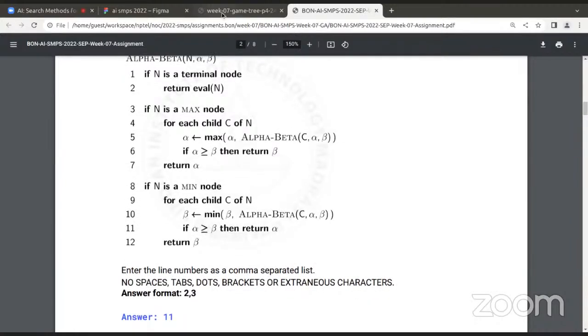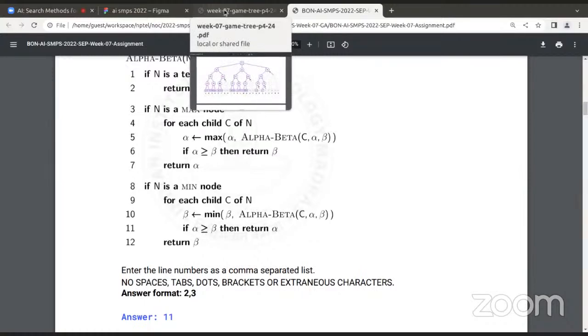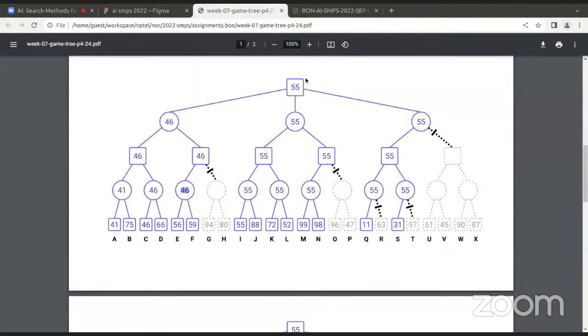Let me pull one more file. Yeah, hold on. It's a long way to go. Week 7.